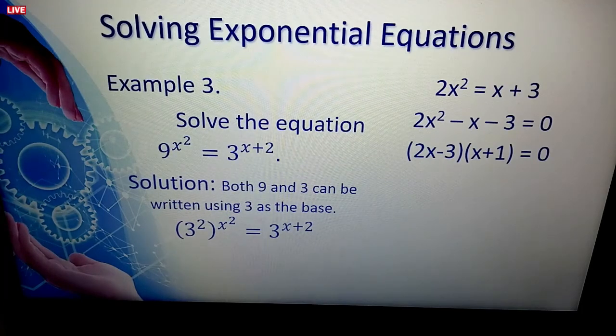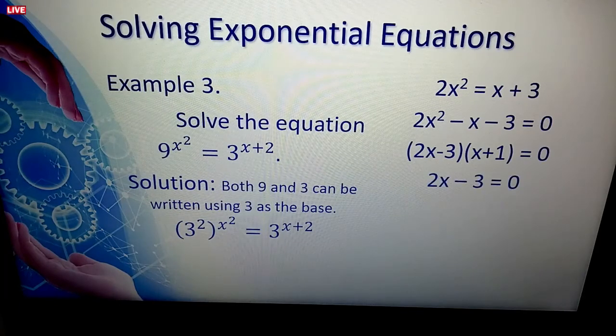Then we can use factoring on 2x squared minus x minus 3 equals 0. We have the factors 2x minus 3 and x plus 1, since the product of the two factors is the same as 2x squared minus x minus 3. So we have two possible solutions.